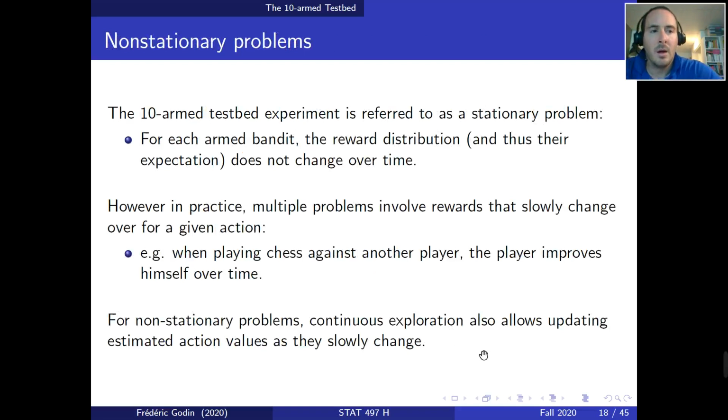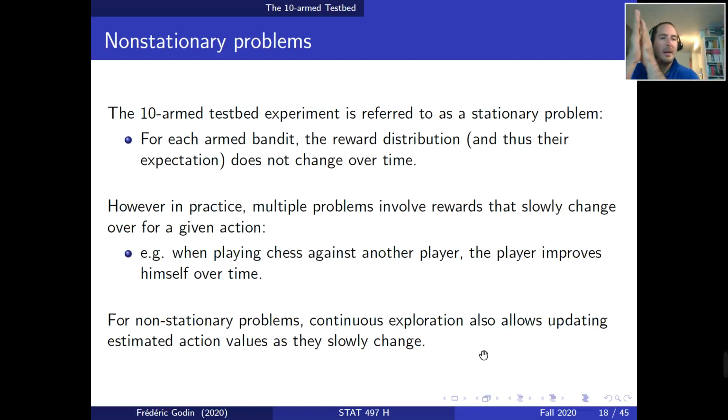Okay, one quick detail here, the 10-arm bandit, or more generally the K-arm bandit, is referred to as a stationary problem. So here what we mean by stationary is that the reward distribution does not change across time for the various levers.